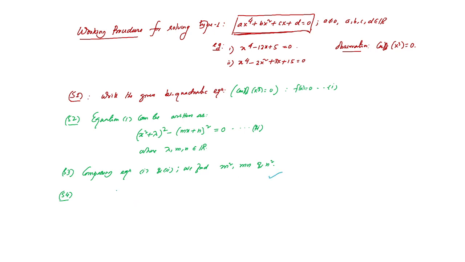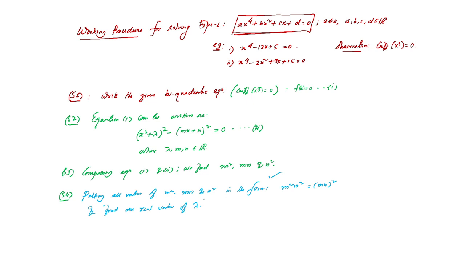Now we come to step 4. What is step 4? Putting all values of m square, mn and n square in the form m square multiplied by n square equals mn whole square, and find one real value of lambda.